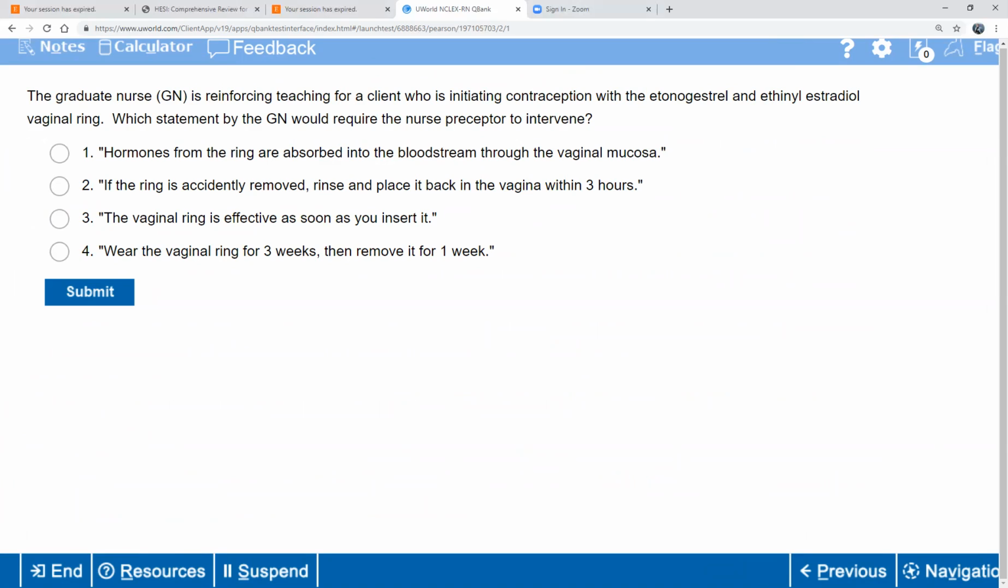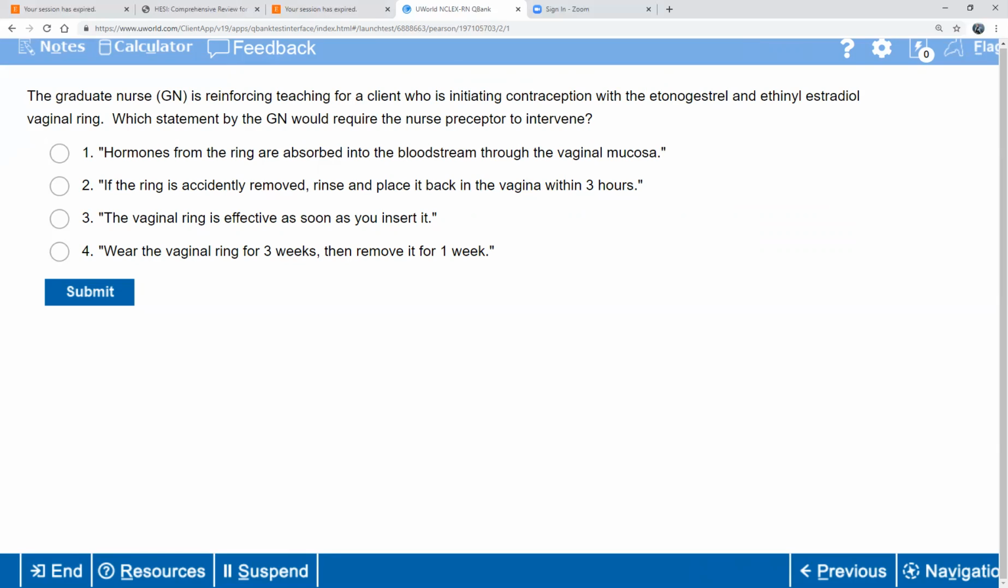Number 1: Hormones from the ring are absorbed in the bloodstream through the vaginal mucosa. Number 2: If the ring is accidentally removed, rinse and place it back in the vagina within 3 hours. Number 3: The vaginal ring is effective as soon as you insert it. Number 4: Wear the vaginal ring for 3 weeks, then remove it for 1 week.